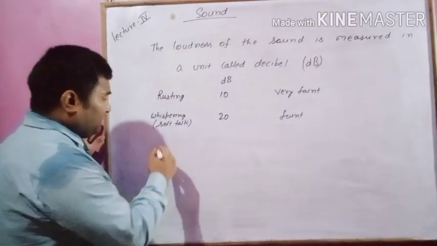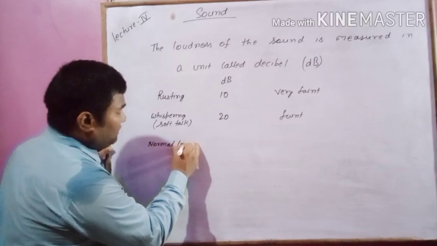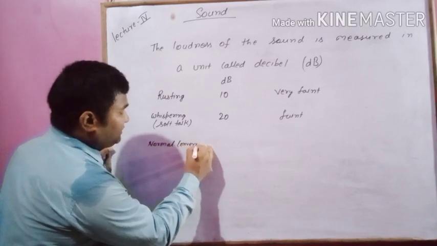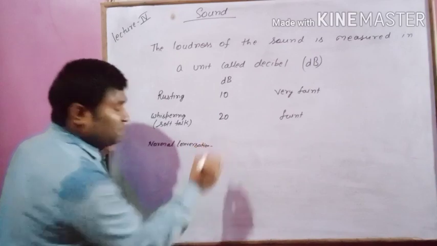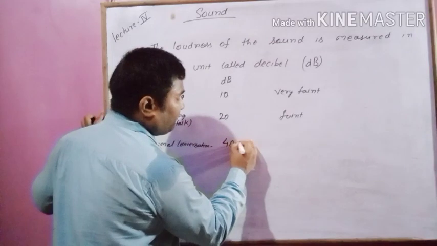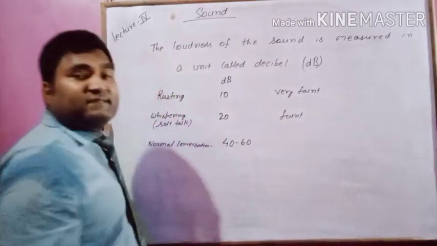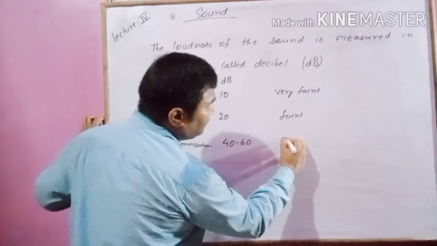Normal conversation has a sound of 40 to 60 decibel and it is considered as moderate.